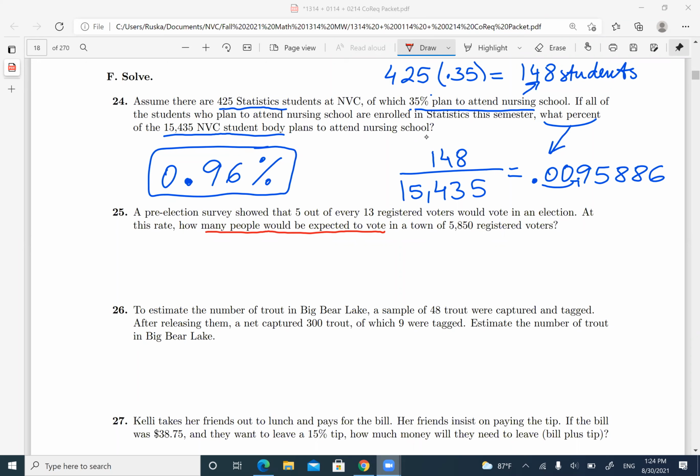We have 5 out of every 13 will vote. So 5 will vote. So I have on the top how many will vote, over the registered. How many are registered?